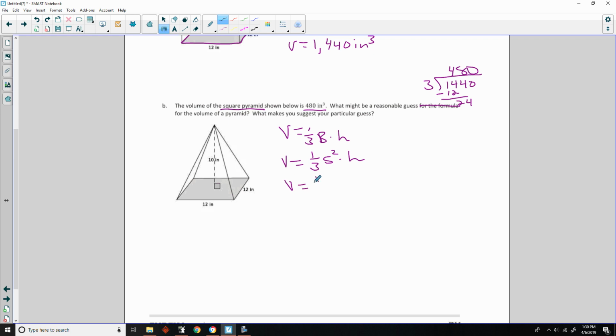So the volume equals 1/3 times 12 squared times 10. So the volume equals 1/3 times 144 times 10. Volume equals 1/3 times 1,440, and I've already calculated that up here, and it is 480 inches cubed.